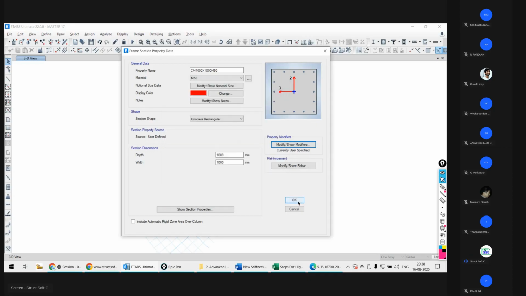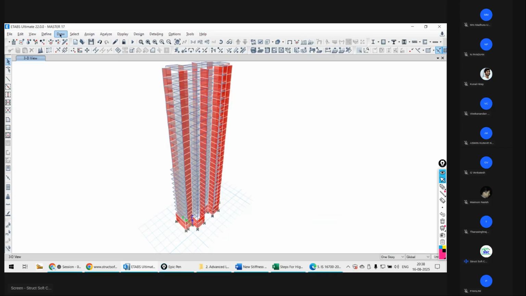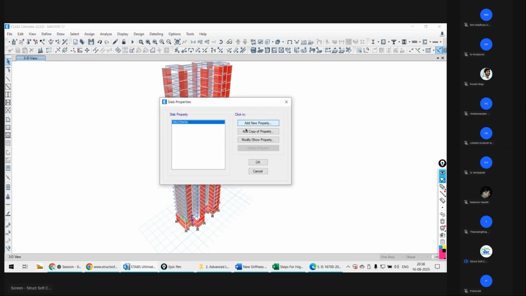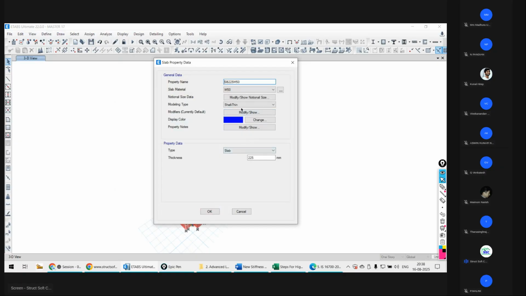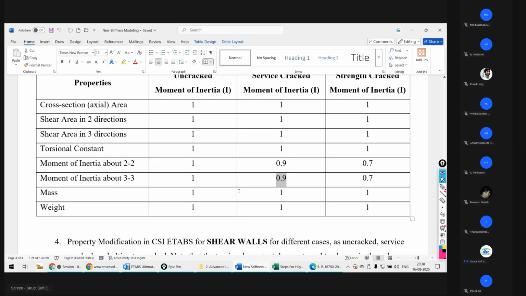That's done. Okay, then go to define, go to section property, go to the slab section, just click on this modify, modifier. Yes, this is very important, and to understand it we need to understand the concept of in plane stiffness and out of plane stiffness.